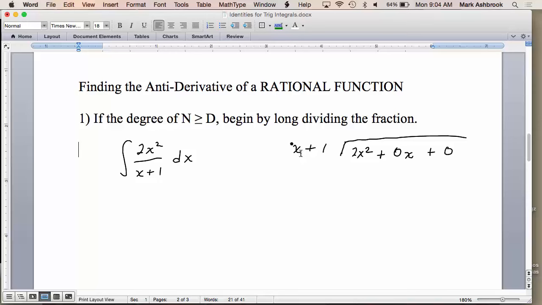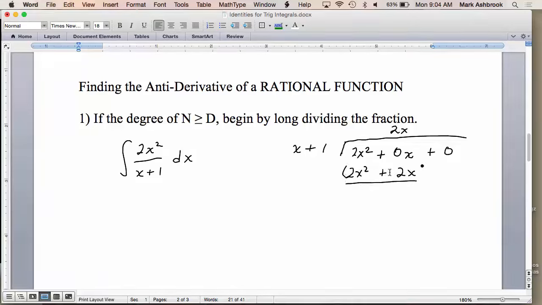So we've got x, we want 2x squared. What do we need to multiply x by to get 2x squared so that it'll go away when we subtract? We need 2x. So we're going to put a 2x up here. We multiply down. 2x times x plus 1 is 2x squared plus 2x.